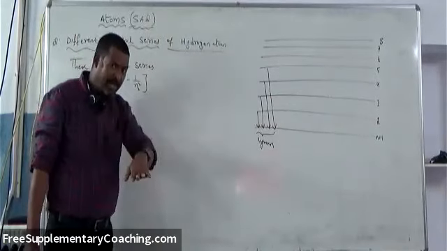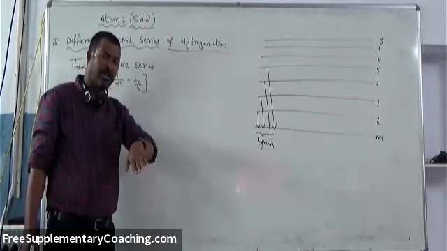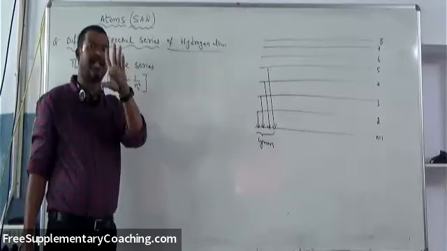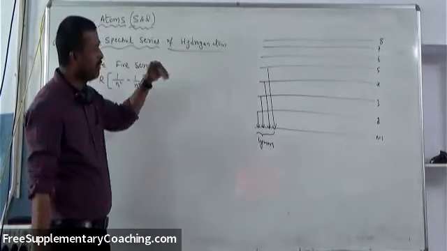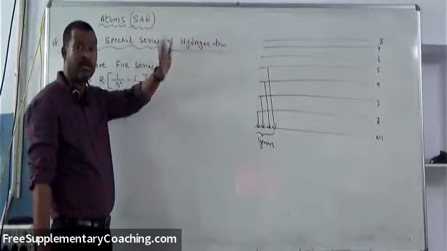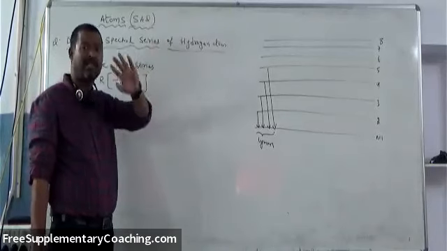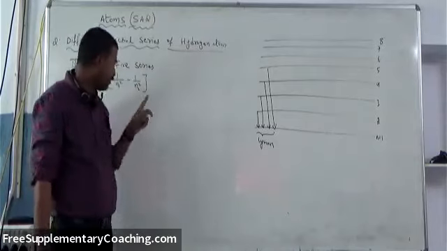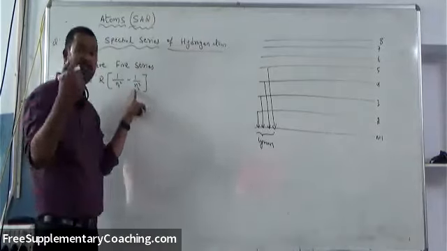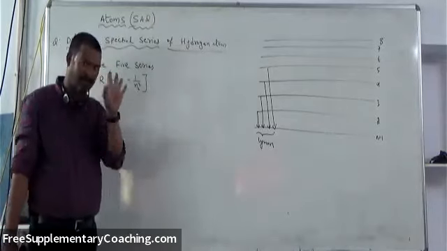But the lower energy level is fixed to 1, that is n equal to 1. The higher one is anything other than 1, so the n2 value can be any value apart from 1.